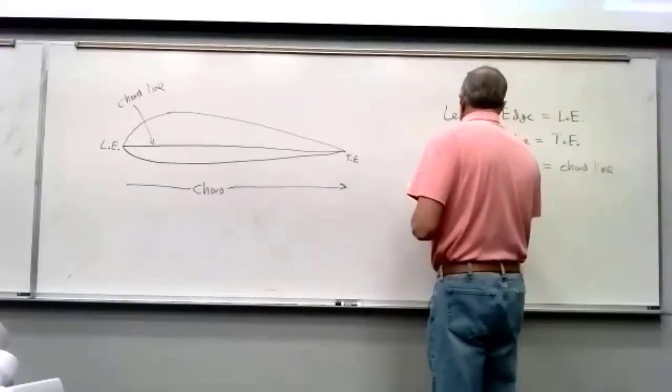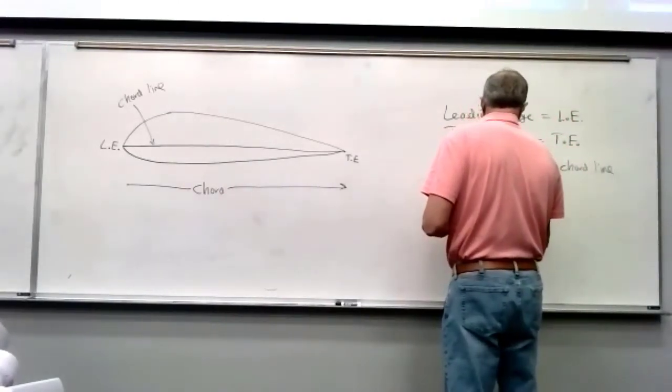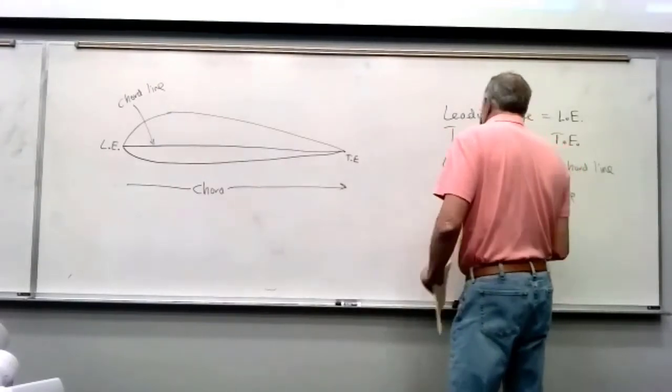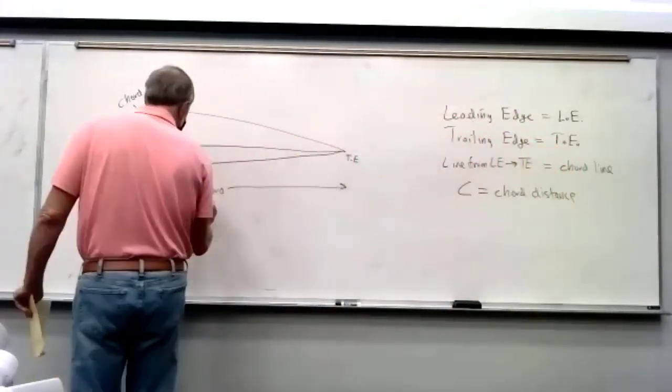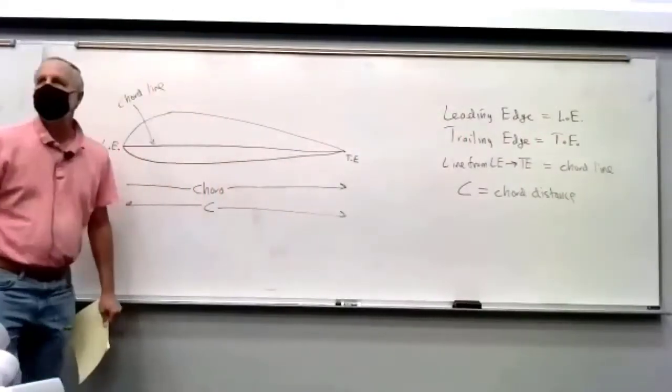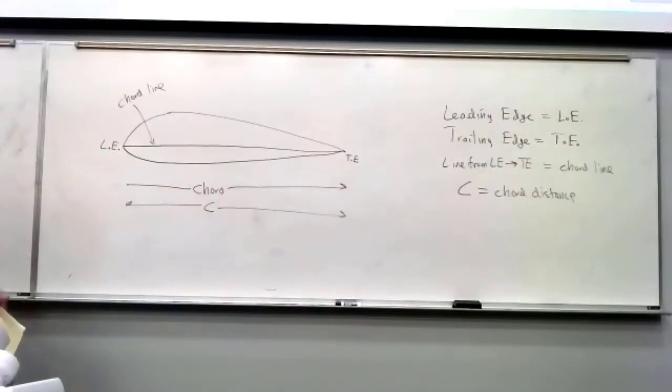And then C is the chord distance. So you either call it the chord, or most people just label it C. We use that letter C in aerodynamics to indicate that distance. So that's a measure of how long the airfoil is.